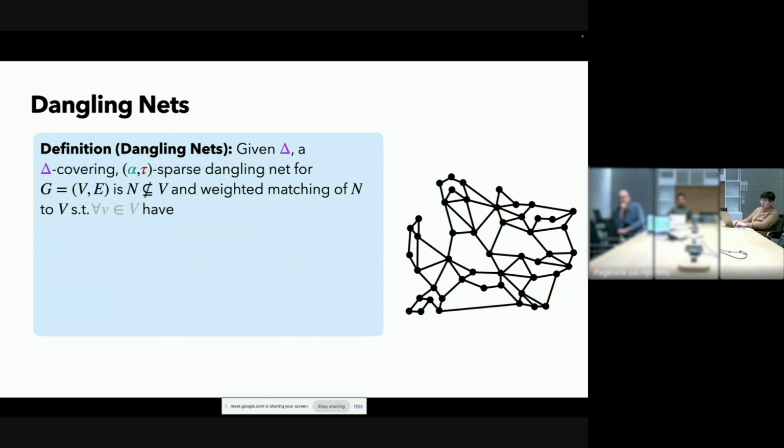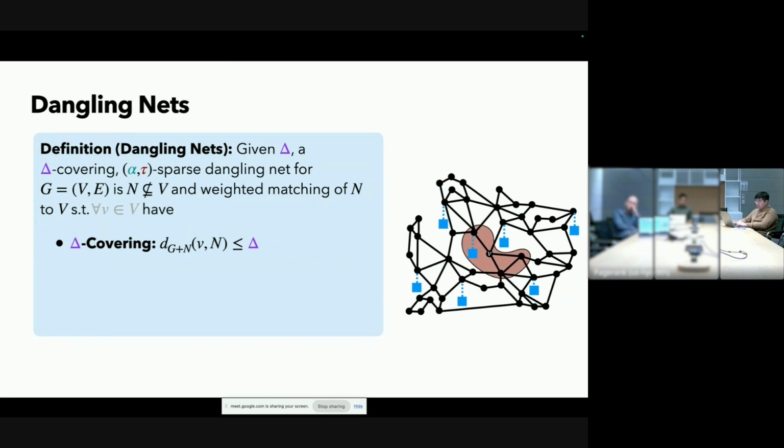So this is just a way of saying it's a bunch of new degree 1 vertices, and each of those edges doesn't necessarily have to have the same length or weight. So here's what a dangling net looks like that satisfies the following property for every vertex. First of all, every vertex should be close to a net vertex. If you look at this vertex V, the total distance it has to travel in the graph until it finds some net vertex is at most delta.